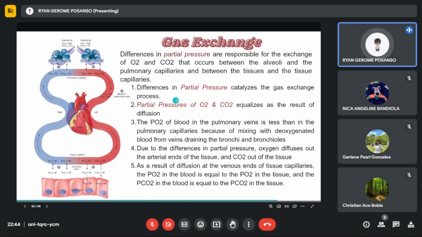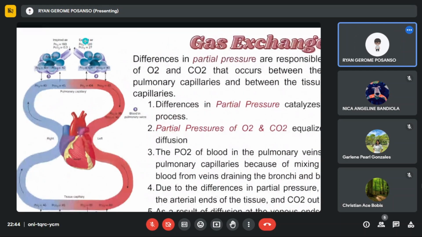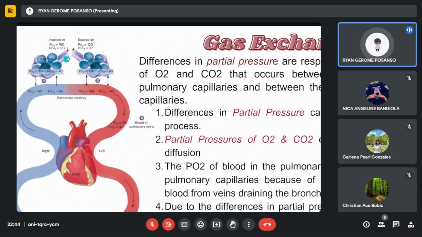Differences in partial pressure are basically responsible for the exchange of oxygen and carbon dioxide that occurs between the alveoli and the pulmonary capillaries and between the tissues and the tissue capillaries. First is differences in partial pressure. Here is the alveolus, and this is the pulmonary capillary.